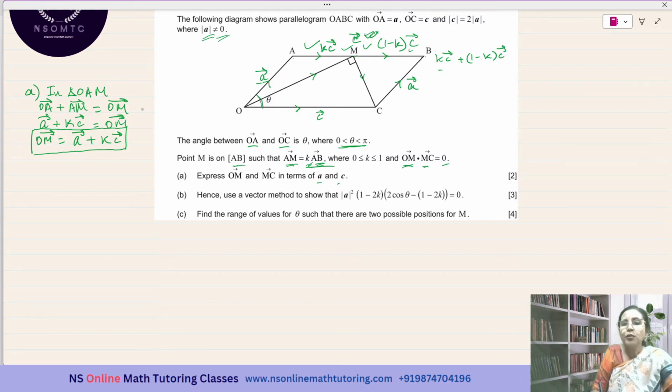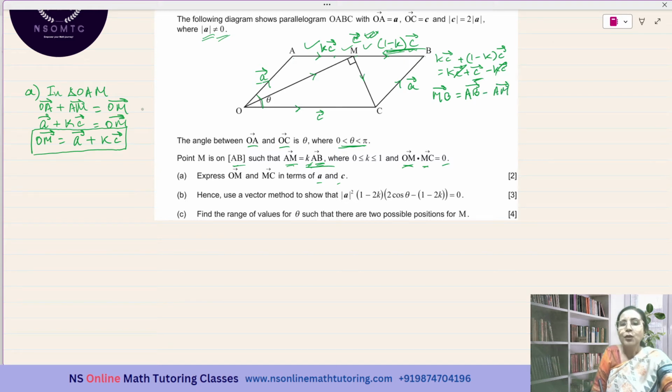Let us see what this is equal to. I'm expanding this part: kc plus c minus kc. These two will cancel and we will have the c vector, which is the AB vector. Or else, if you ask how I came to this, since I have just shown it the opposite way, proving that this plus this is equal to c but not showing how to get to this: MB vector should be equal to AB vector minus AM vector.